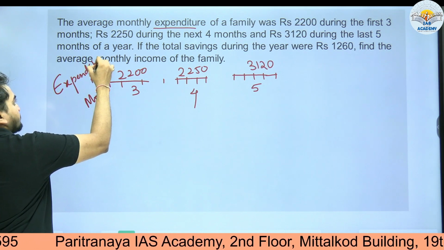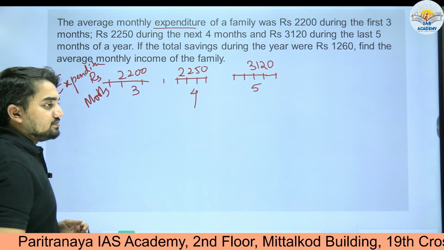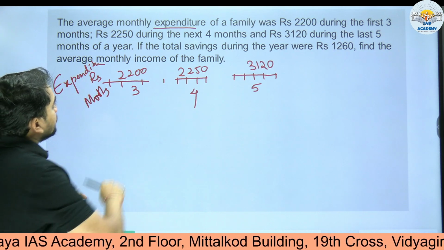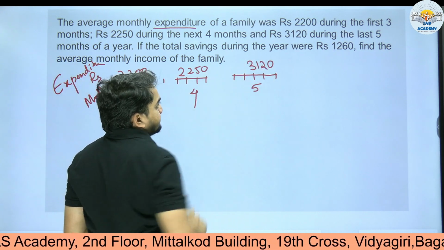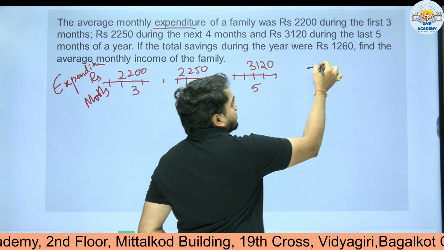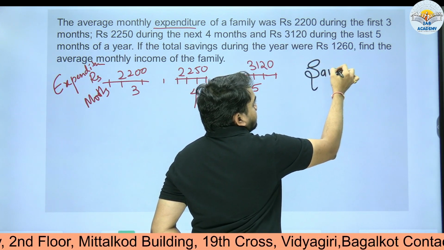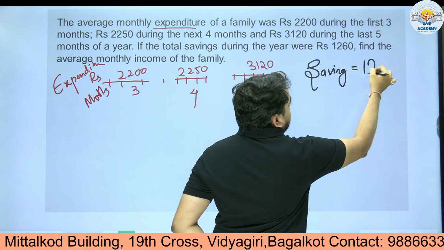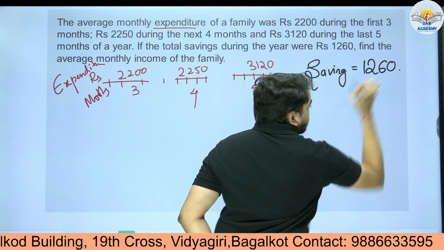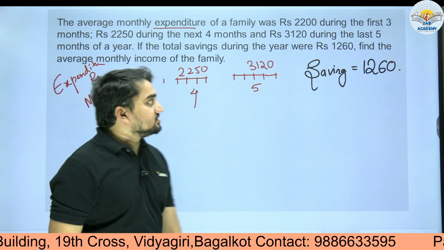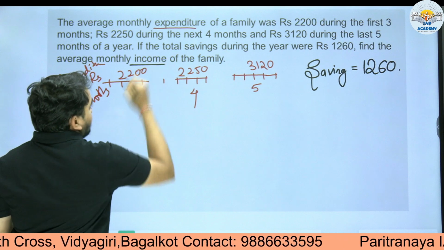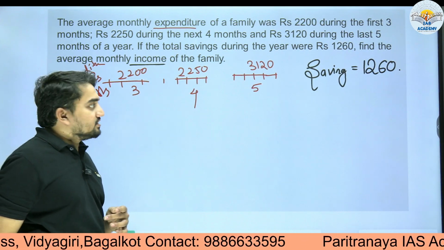And if the total saving during the year is 1260, find the monthly income of the family.